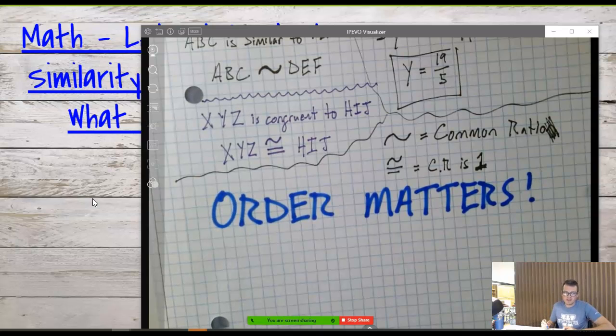What do I mean with order matters? Order of the letters matters when you're writing a congruent statement or a similar statement. Why does it matter? What do we then do with it?